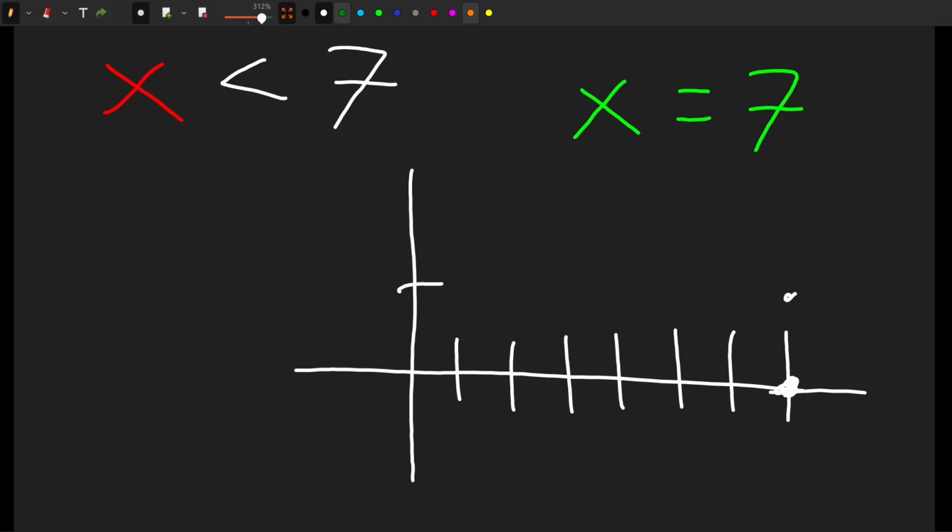So if I have a point up here, I'm still at x is equal to 7. If I have a point down here, I'm still at x is equal to 7. And so I have a line going all the way up and down at x is equal to 7. Since it's x is less than 7, I have a dashed line. So I'm going to get something like this.